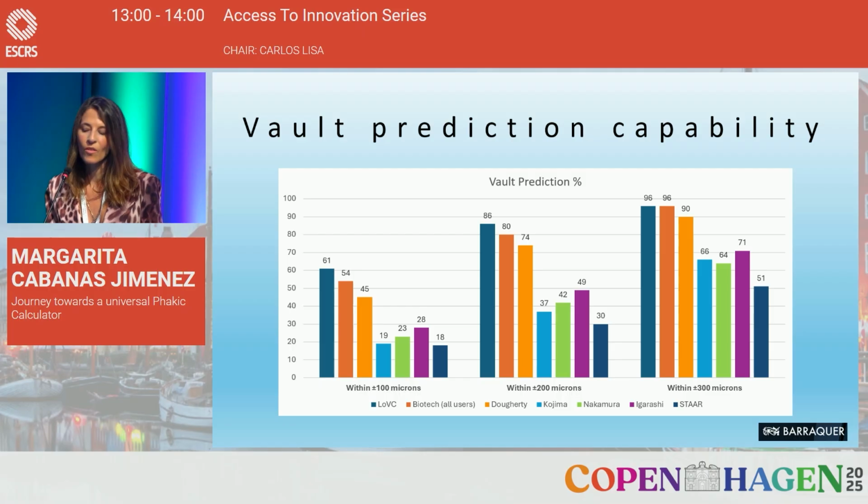This puts the algorithm in the top 2 worldwide for 100 microns prediction. In fact, it will rank in our case very high. We'll have to see if we can maintain such results once the sample size increases significantly.